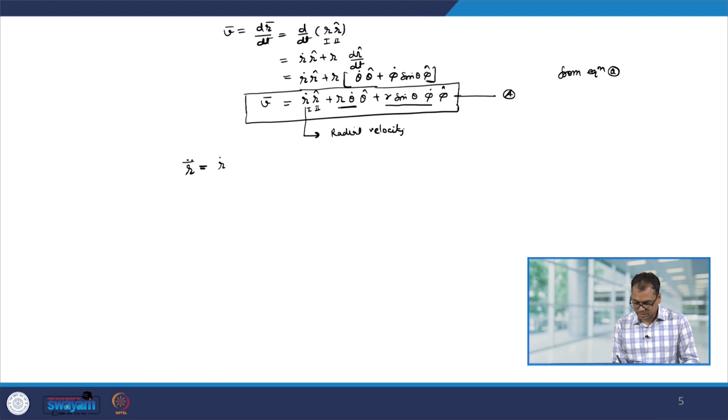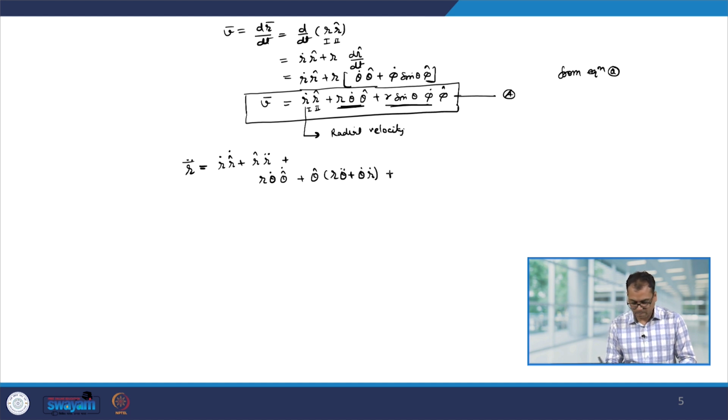So, its derivative is first function as it is, derivative of the second one, and then second function as it is, the derivative of the first one, and similarly for the second and third term. So, we have plus r theta dot theta cap dot plus theta cap r theta double dot plus theta dot r dot plus we have this term now.